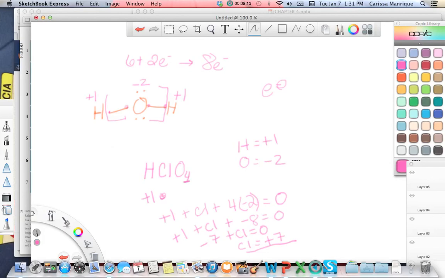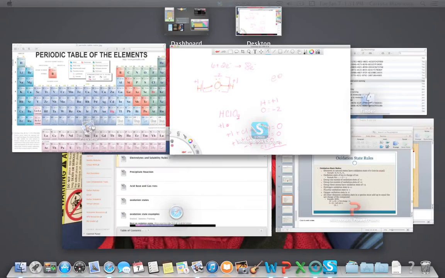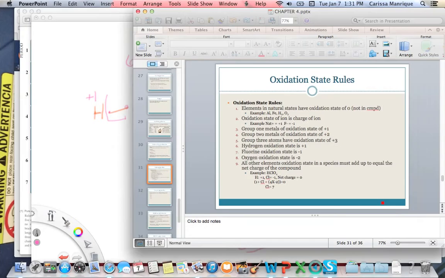Basically, if we pretend that every compound is ionic, what sort of quote-unquote charge would it have? And again, we go back to this rule sheet. This is what they almost always have. So, 95% of the time, group 1 metals will have a plus 1.